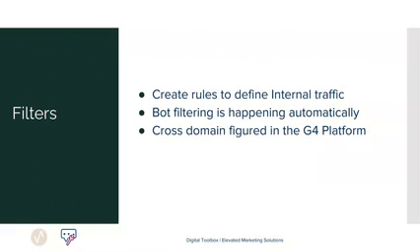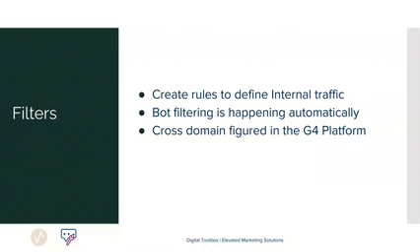Another thing that has changed a lot is filters. You will be able to create rules and define what internal traffic is, but bot filtering is now happening automatically. So you no longer need to create these complicated filters in order to filter out bots. This is going to happen naturally.